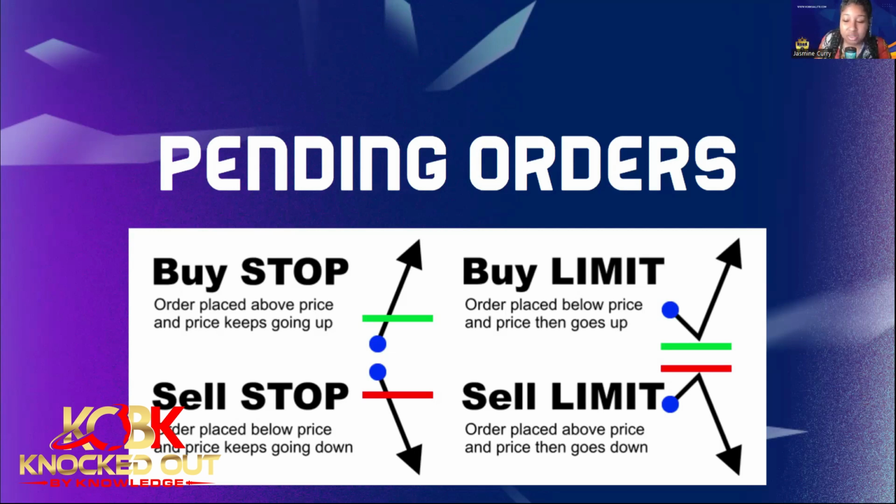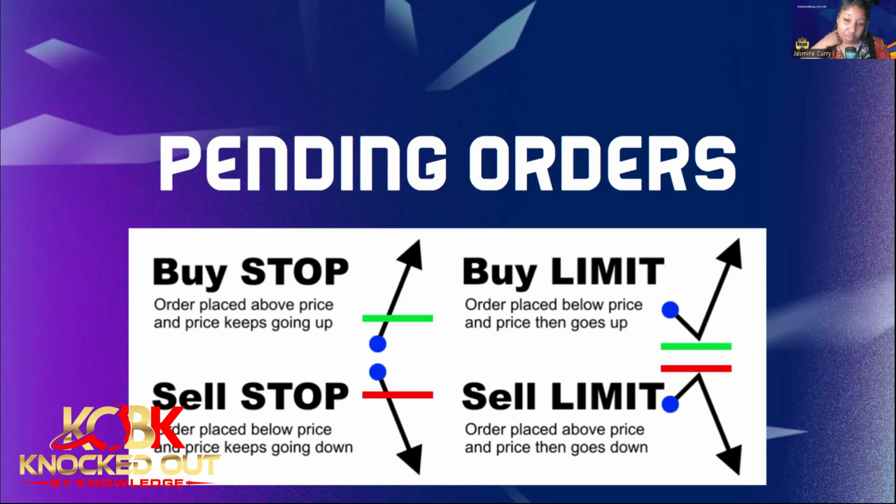That's when price is below where you want to enter for a sell, but you know that it's going to retrace back up, and you want to catch it on the way back down. So that's your sell limit.